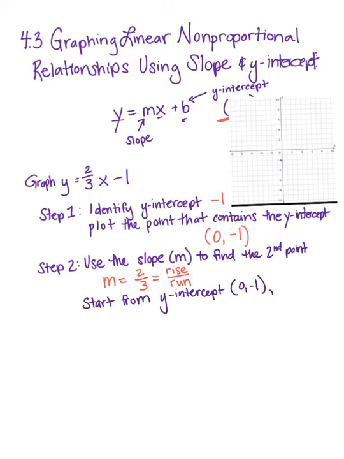So we're going to count up 2 and right 3. Okay, that's our second step. So we're going to go over to our graph, and we're not starting at 0, 0. We're starting at the y-intercept, which is 0, -1, our first point. And we're going to go up 2 and right 3. And there's our second point.